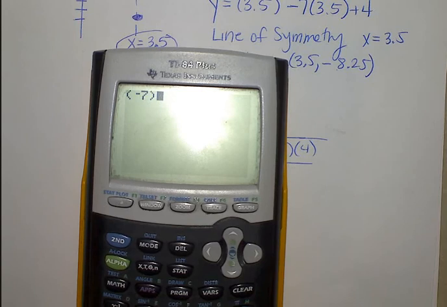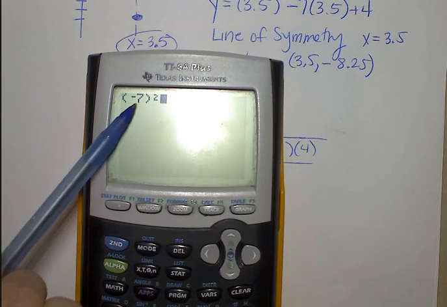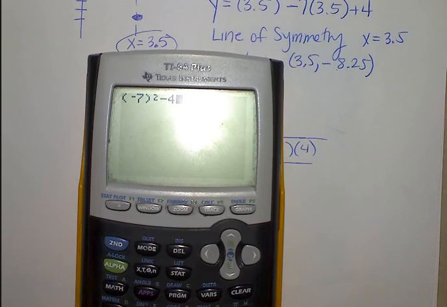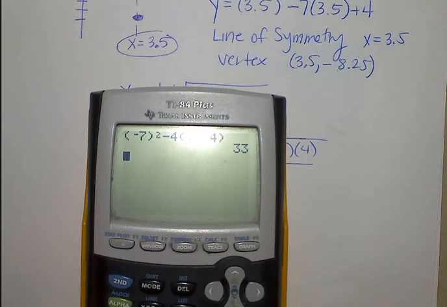Make sure that the b is in parentheses. So the discriminant is 33.